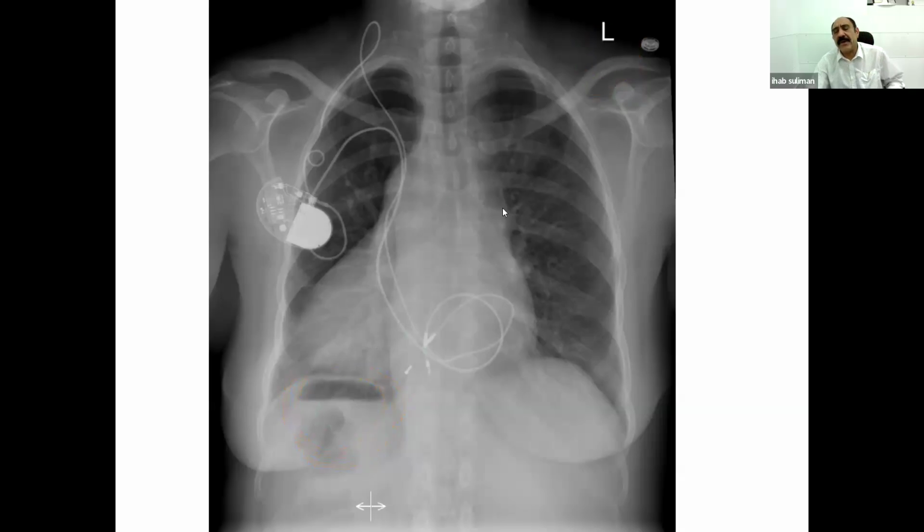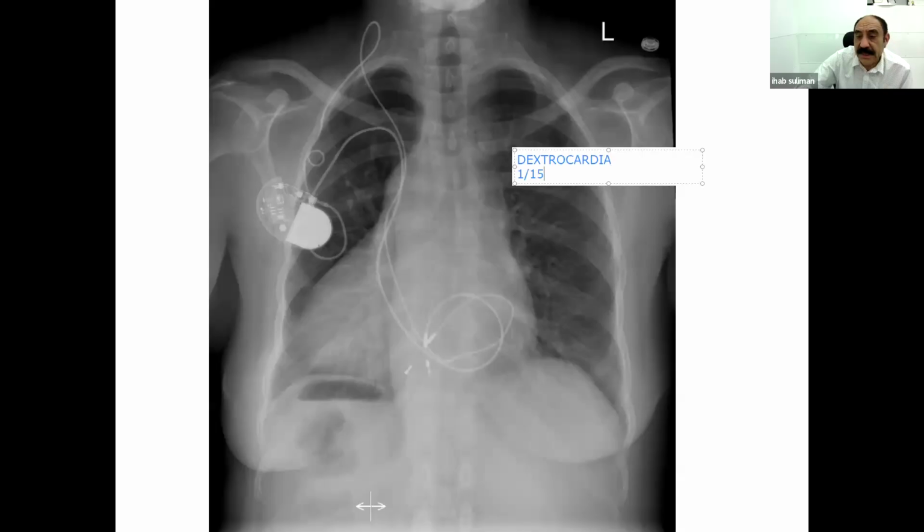What would you see on an ECG of a patient with dextrocardia before we open the ECG? And by the way, dextrocardia is very rare. It has an incidence of 1 in 15,000.